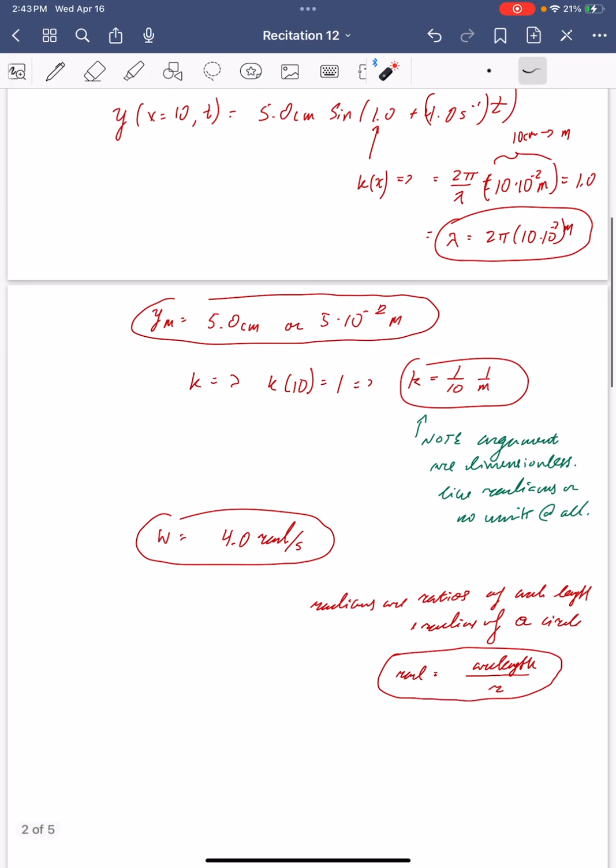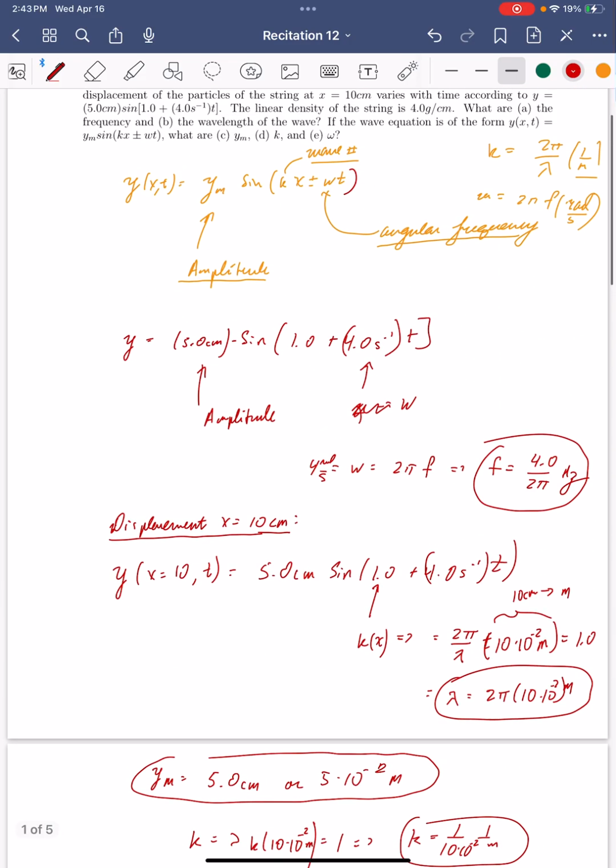Now, they're asking us for k, and we know now that k times 10 to the negative 2 meters is equal to 1. That means the solution here is going to be 1 over 10 times 10 to the negative 2, 1 over meters.